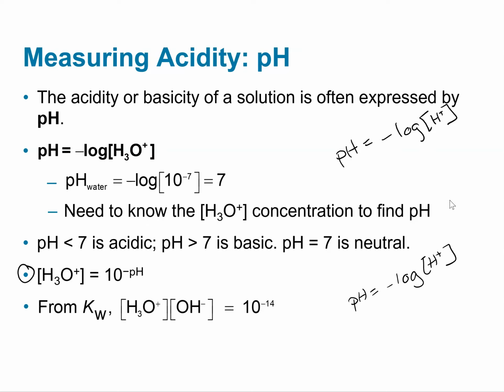So we'll multiply both sides by -1 and raise both sides by 10 to get rid of the logarithm, and that's what you're looking at here, where the concentration of protons is equal to 10 to the minus pH.